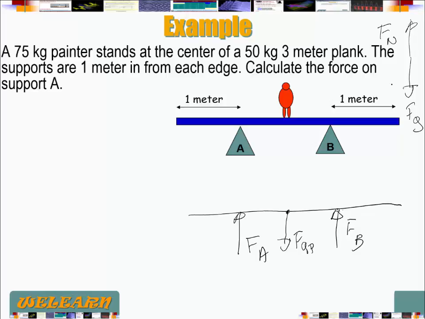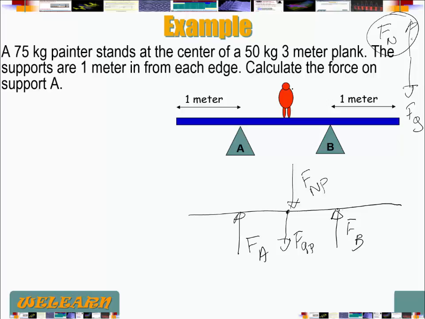So these two forces, since the painter is in equilibrium, are going to be equal in magnitude. So the normal force is equal to the gravitational force in this case. And the reaction to that normal force is the normal force that the painter exerts on the plank. And that's what we are interested in. So it's the force exerted by the painter on the plank. But we know in magnitude that's equal to Fg of the painter, the gravitational force on the painter. So these are my forces.